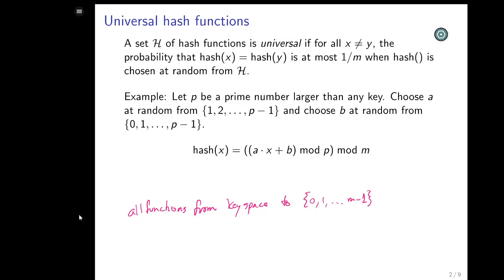How many such functions are there? Let's suppose that my keys are smaller than p and greater than or equal to 0. So p is some upper bound on how big the keys can be as a number. Usually p is pretty big. How many functions are there that take keys to the numbers 0 through m minus 1?